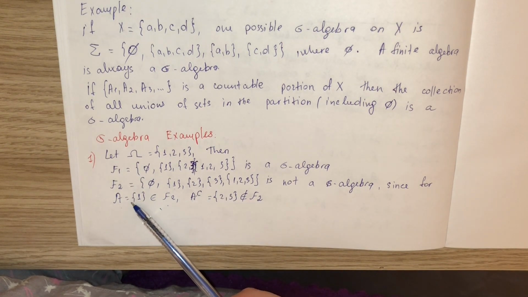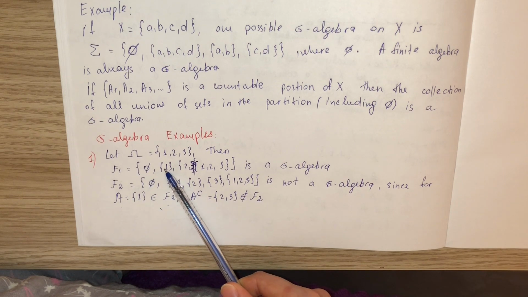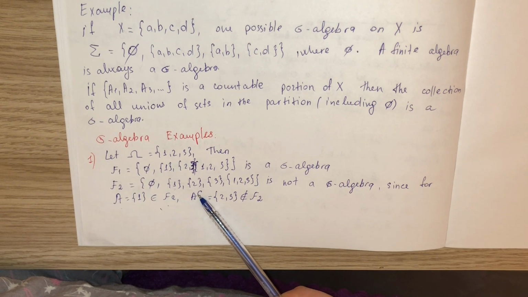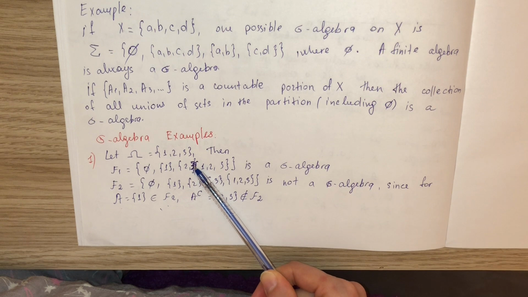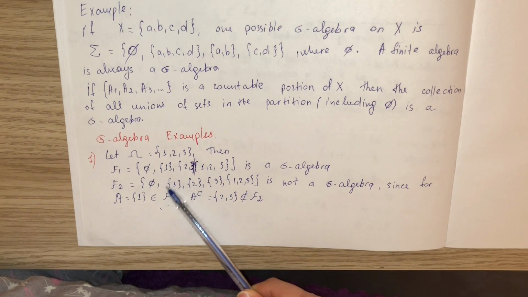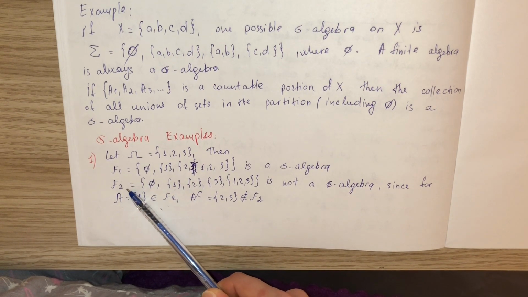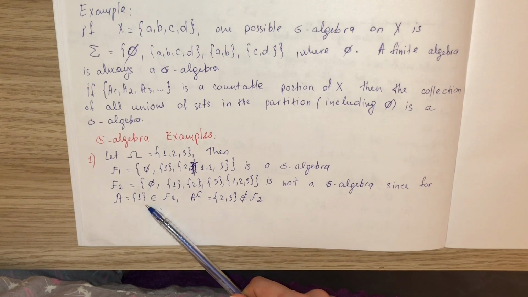So if A is from F1, the complement of A is also from F1. But here, A is from F2, but the complement is not here.